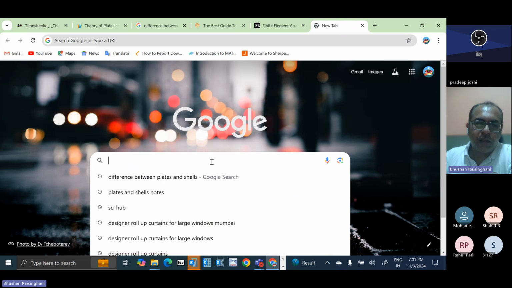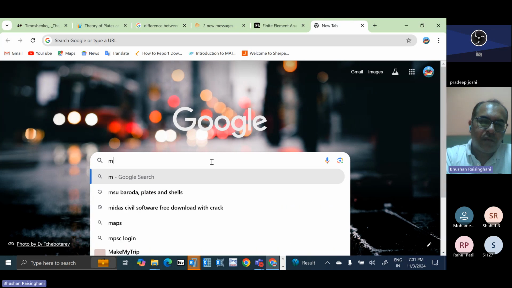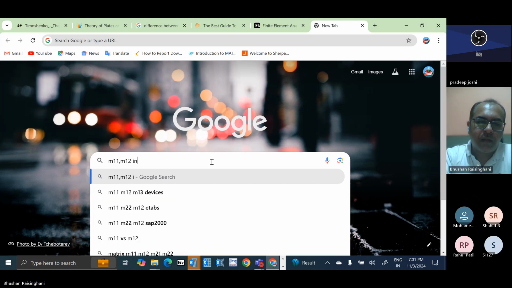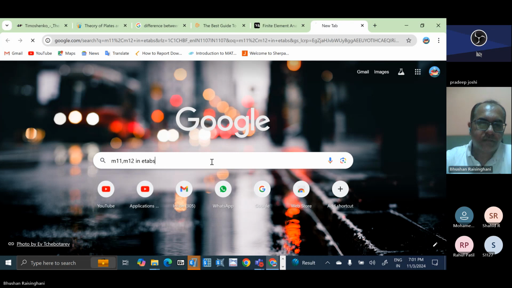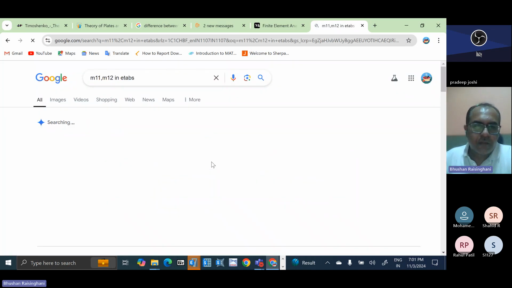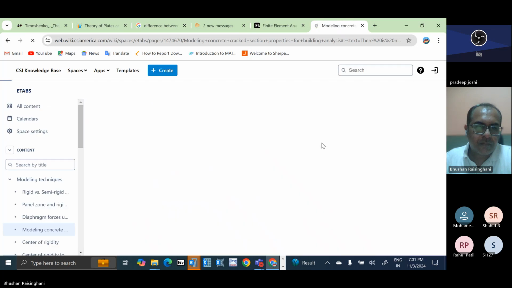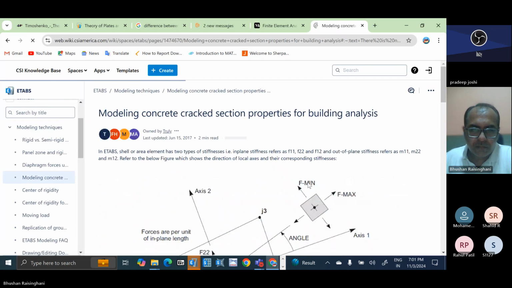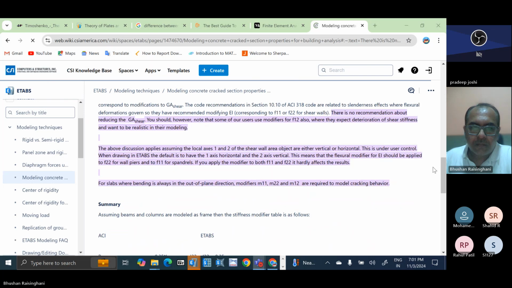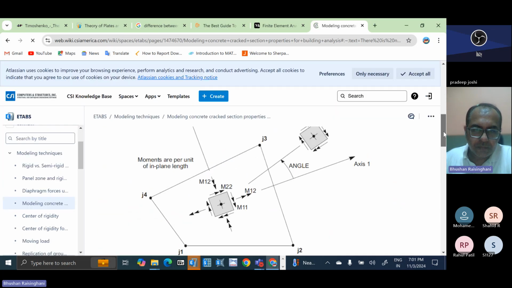So what we were looking at was M11, M12 in ETABS. So many would have searched on the CSI knowledge base. We should go there directly to understand it.